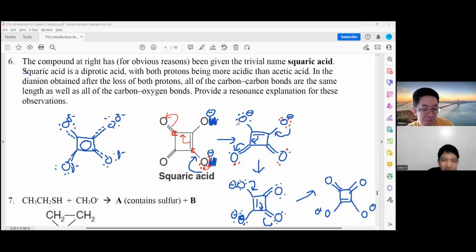So yung question po, why is it literally a square, it's 90 degrees to 90 degrees.